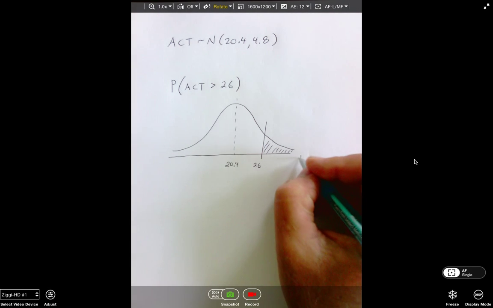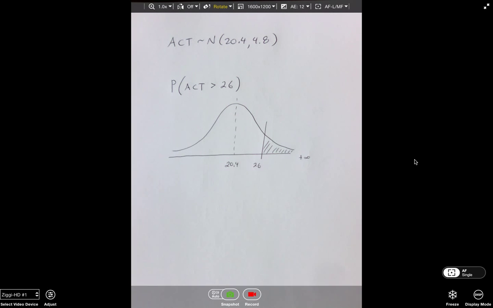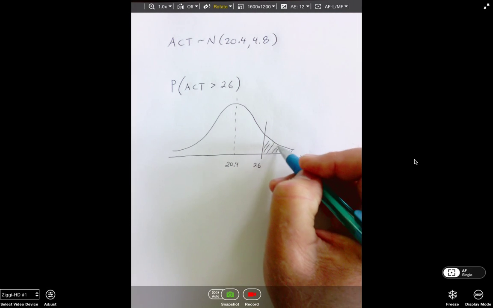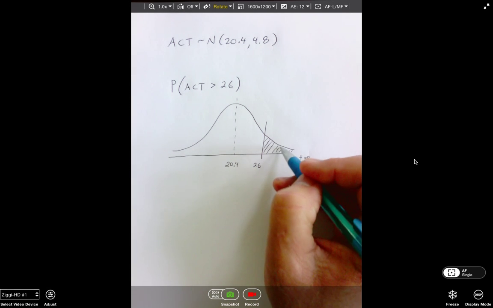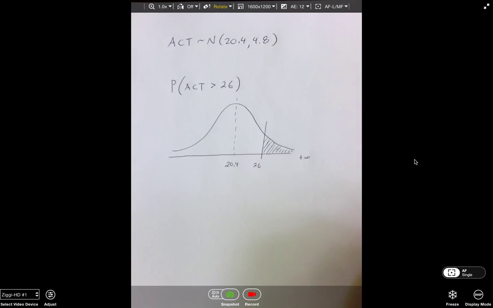Now this gets into a little goofiness in a way. We're going to run this all the way up to infinity. And you're probably thinking, well, come on, you can't get higher than 36. I understand. But let the psychometricians, the people who modeled these distributions, worry about that.